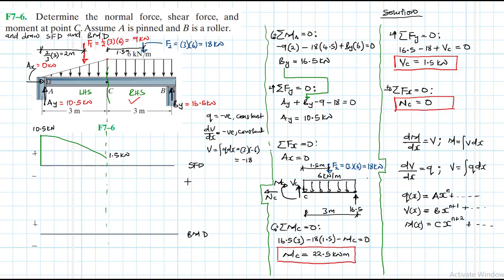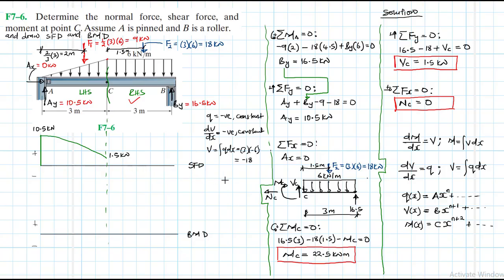So if the load is negative and constant, this is a polynomial of degree 0. So we expect the shear diagram to be a polynomial of degree 1, which is going to be linear and will have a constant negative gradient.